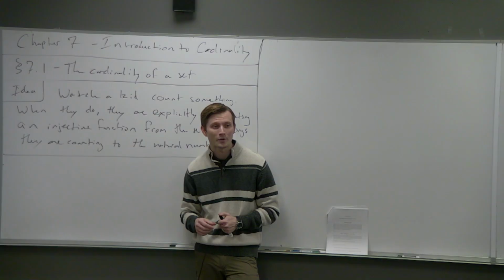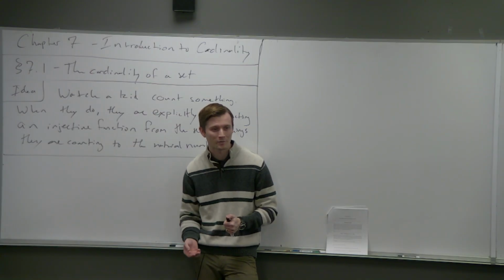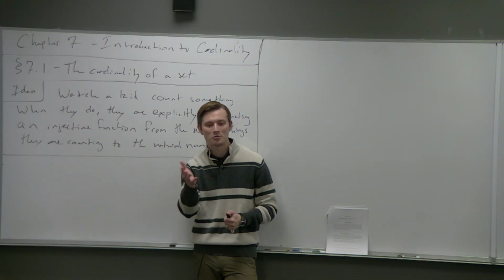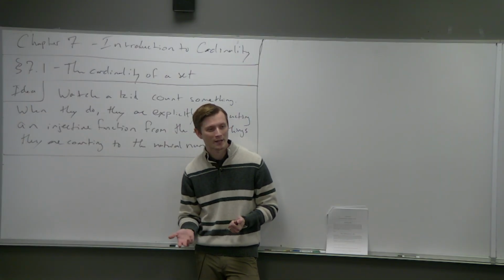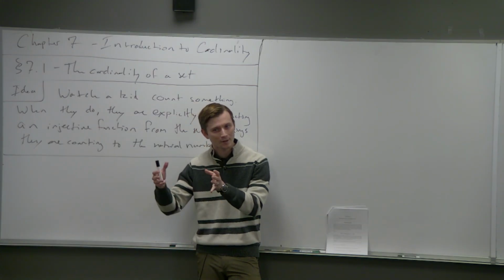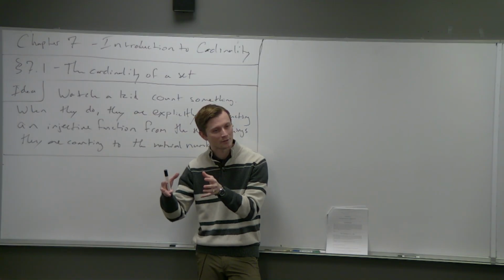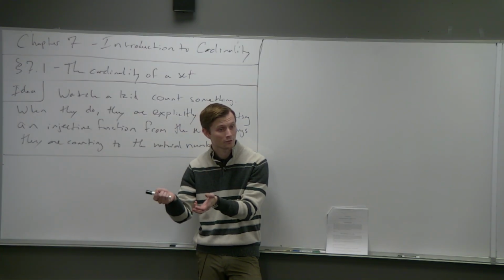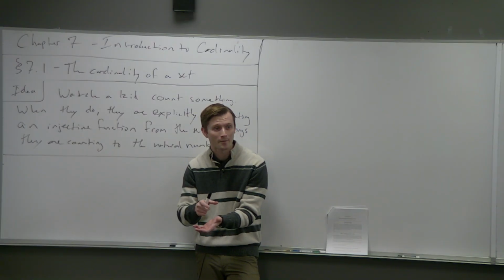For instance, if you wanted to look at what this class is like in terms of the distribution of the first letter of people's first names, right? The thing that captures this information is the map from students to first letter of first name, right?